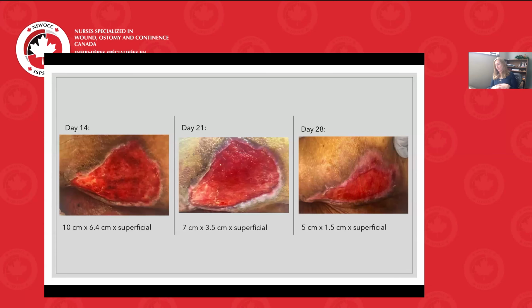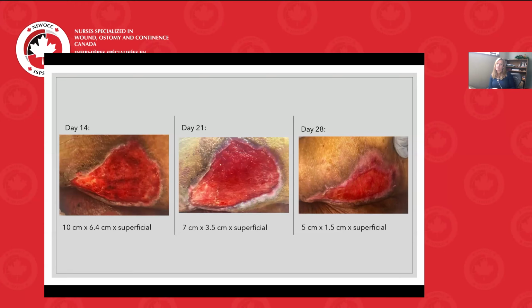I think over the next year or so, you're going to see a lot more information coming out about the peel in place dressing, about how you can utilize it and integrate it into your practice for patients that have pressure injuries and those patients that have other types of wounds. I have used it on all kinds of different types of wounds.